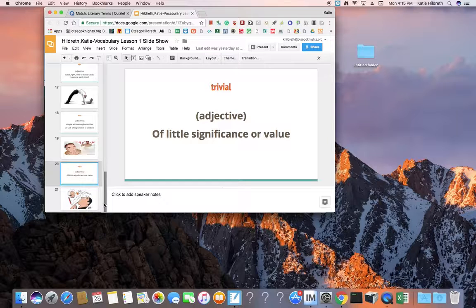From a teacher's perspective, making sure you get your homework done and that you are doing your reading plus are more important, and those are not trivial things. Trivial things are things that are basically unimportant. Another really good synonym for it would be unimportant.